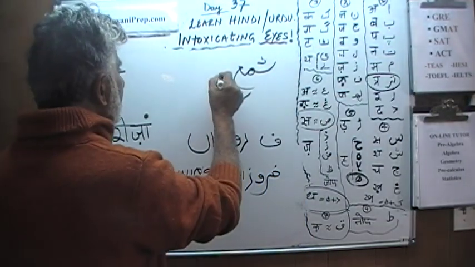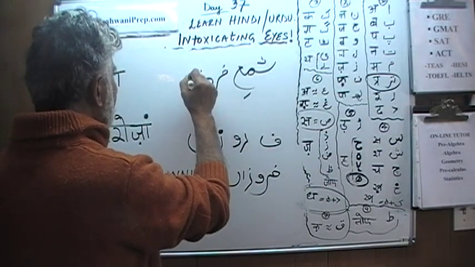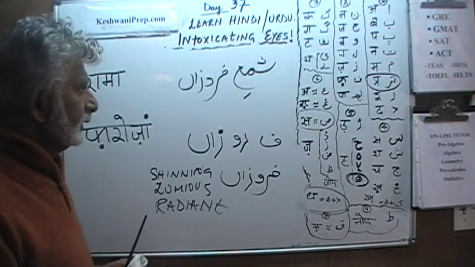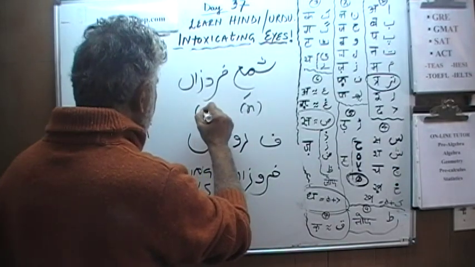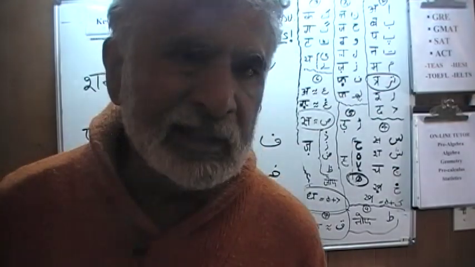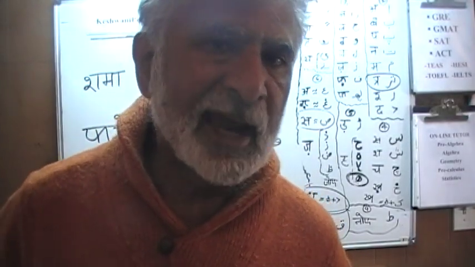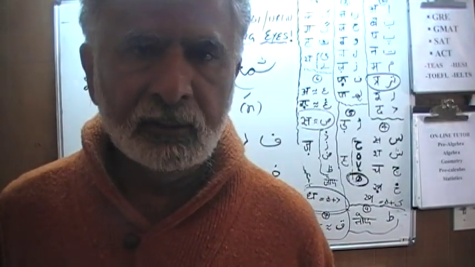Shame Farozan. Shame is a noun, this is an adjective. Shame Farozan means illuminating, radiating, luminous candle, light. Not literally candle, but any source of light.